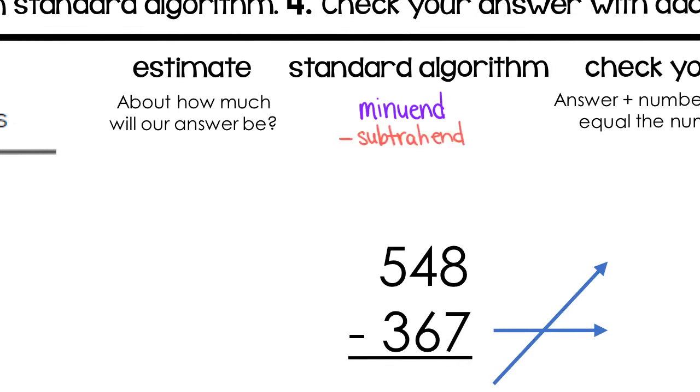What a lot of kids don't realize is that this line right here is the equal sign. So the equal sign can look like this line, or it can look like two small lines like we normally think of. But it's always meaning the same thing, equal. What's above the equal sign is equivalent to what's going to be underneath the equal sign. So our minuend minus our subtrahend equals the difference.